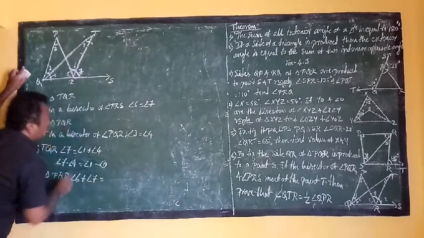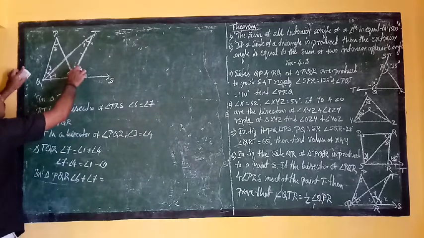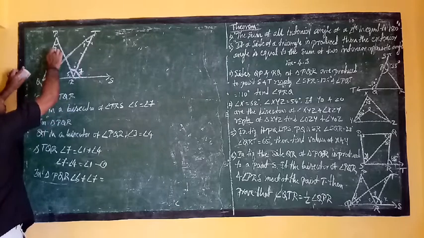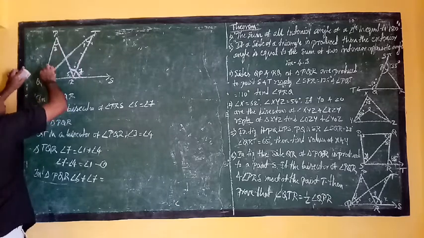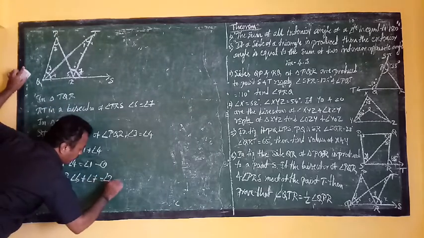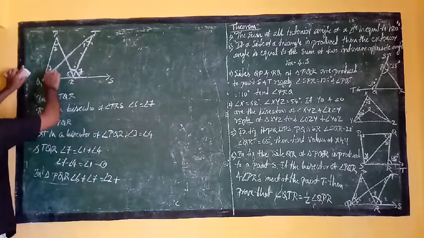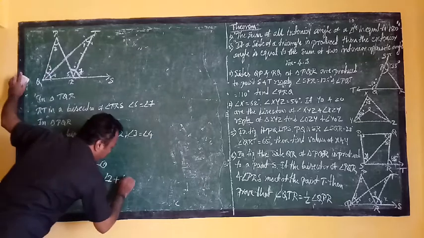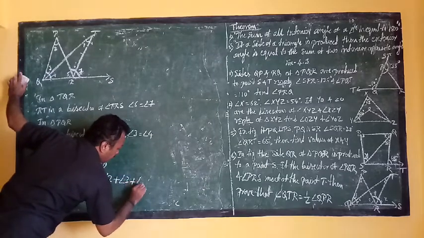This exterior angle is equal to the sum of the opposite interior angles. What are the opposite interior angles? Angle P and angle Q, correct? Angle P is angle 2, plus angle Q is angle 3 and 4. The sum of angle 3 and 4. Angle 3 plus angle 4.